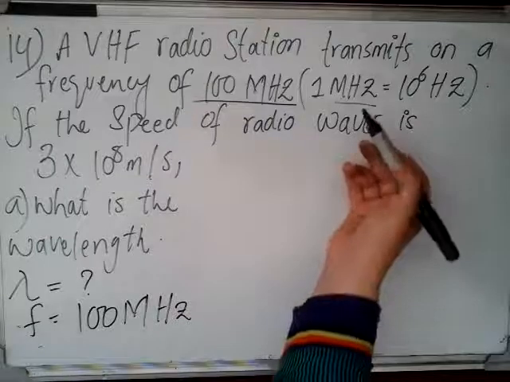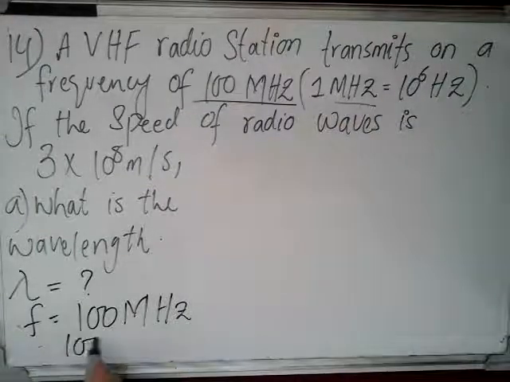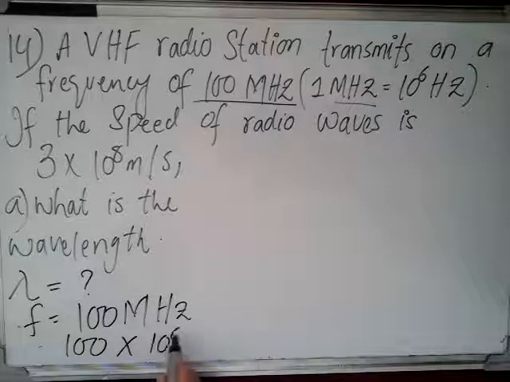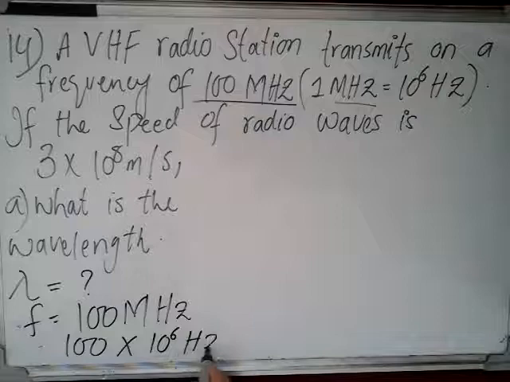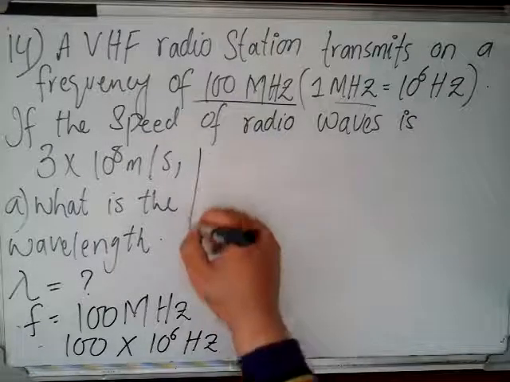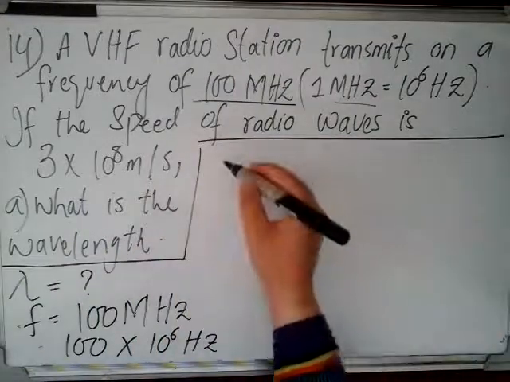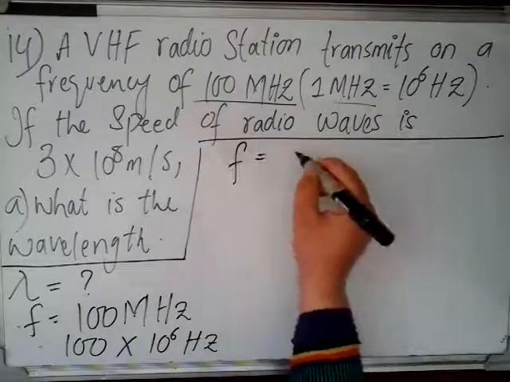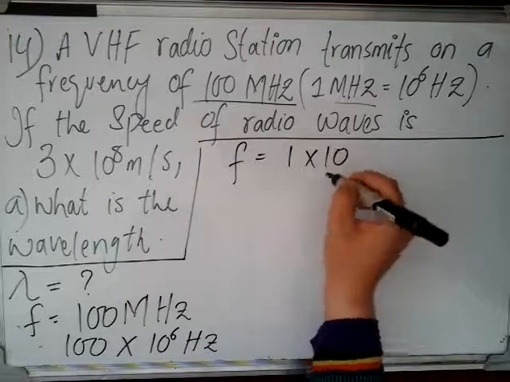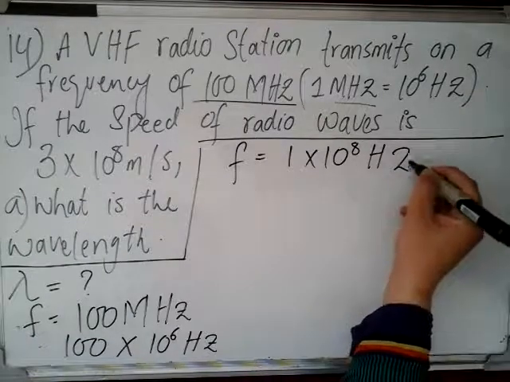100 megahertz means that 1 megahertz is equal to 10 raised to power 6. So 100, I can also write in scientific notation, as 100 multiplied by 10 raised to power 6 hertz. Is that clear? Or simply we can write that f is equal to 1 into 10 raised to power 8 hertz.